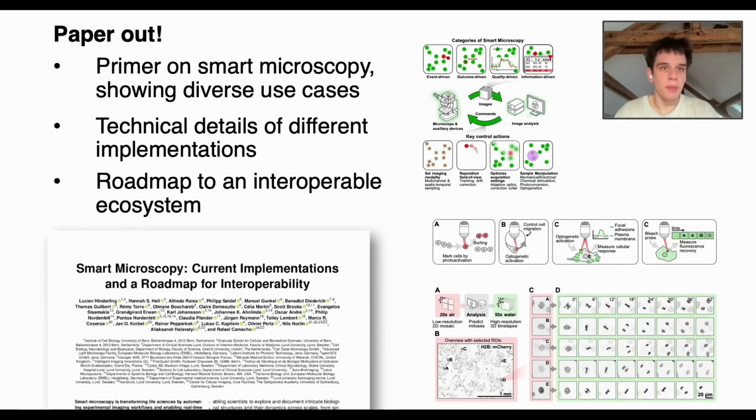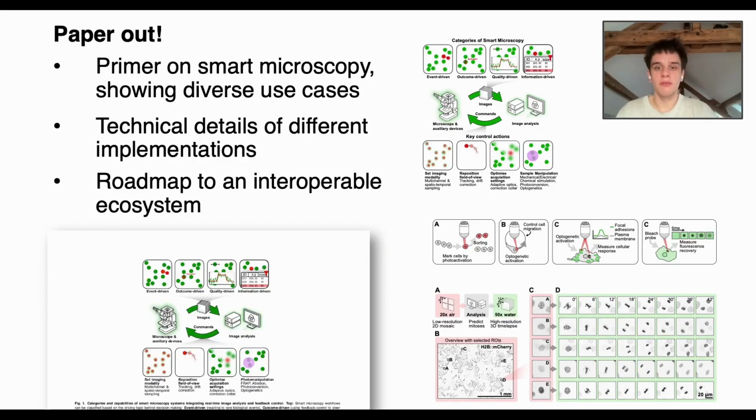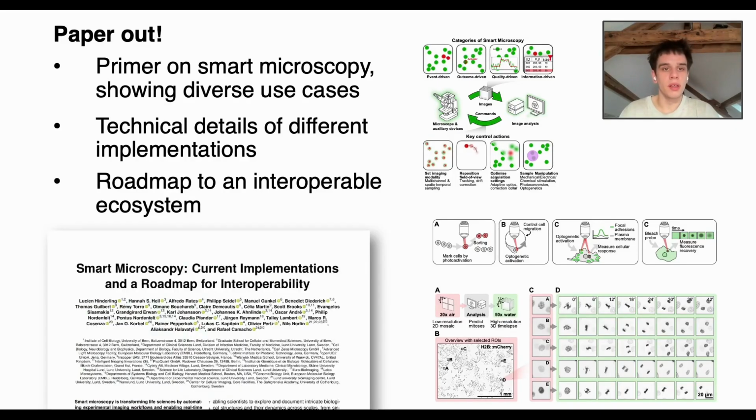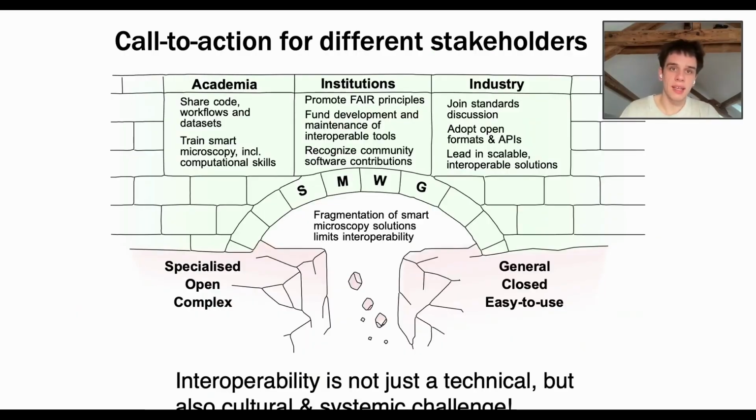If you're interested in this, the paper is out. It's also a review of current implementations of smart microscopes and different applications. We focus a lot on the technical implementations and address some of the challenges, cultural and technical, the tension between academia and industry, and also funding agencies, etc. I think the Smart Microscopy Working Group is cool because it brings together exactly academia and industry, and we try to bridge this gap between specialized applications in the lab, but also general use cases and the requirements of industry.